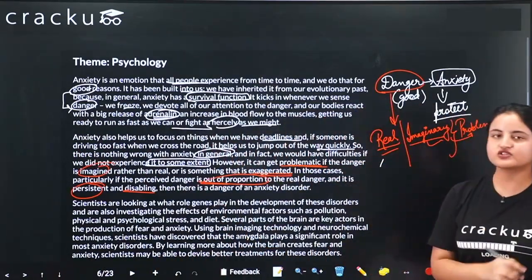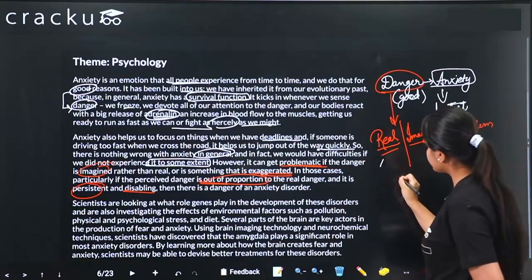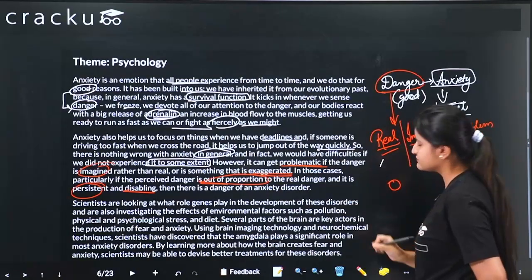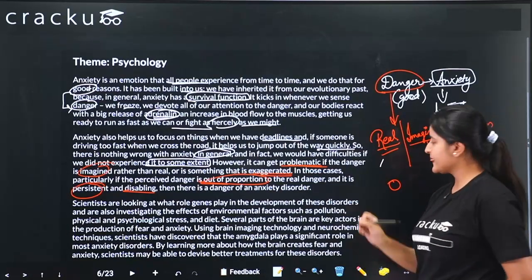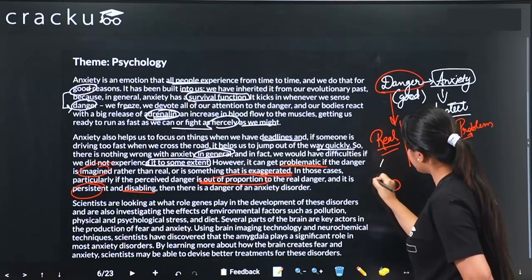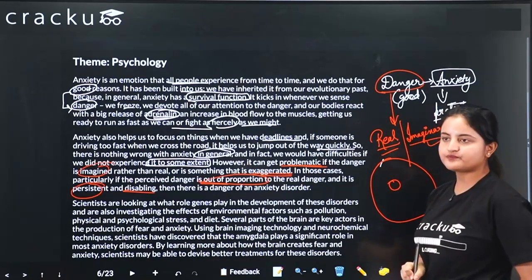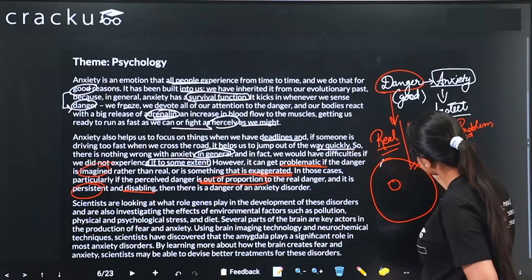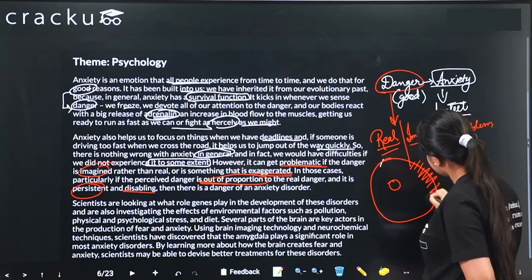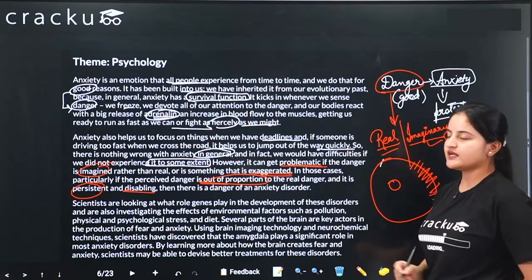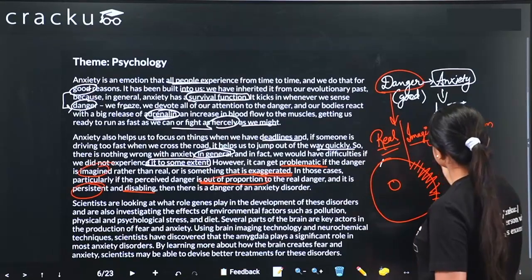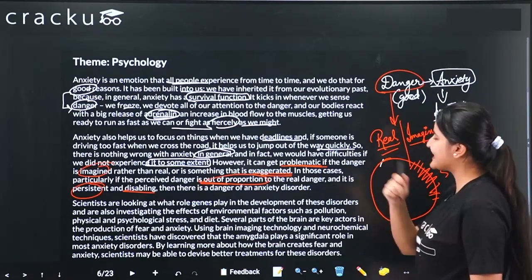So if the real danger is only this much, as in the teacup example, and it is blown out of proportion: oh my God, what will happen if you touch the teacup? And it is persistent also, that you are constantly feeling that. So when it is out of proportion, when it is persistent, then it is a problem.